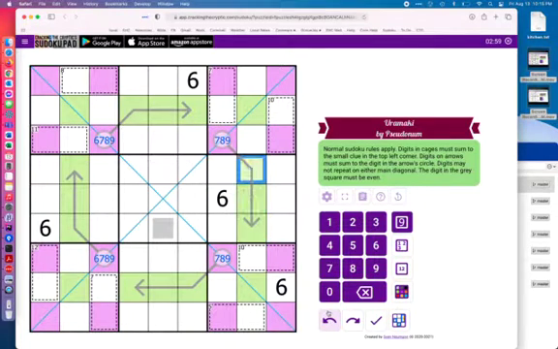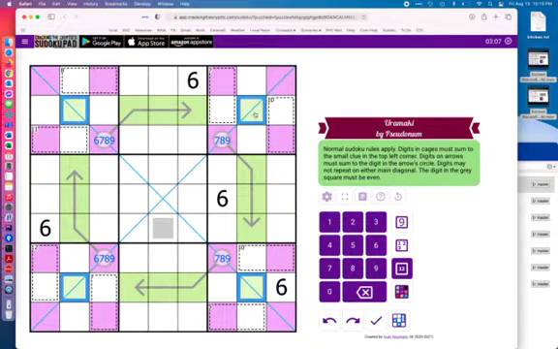So those 6, 7, 8, and 9 have to go in the green somewhere, and the only places for them to go are here. So these have to be 6, 7, 8, and 9. These two obviously can't be 6. Then, if you look at the diagonals, you'll see that 6, 7, 8, and 9 are already taken up on both diagonals.